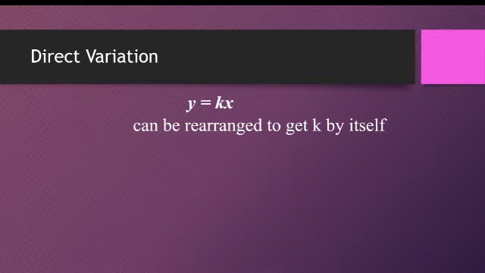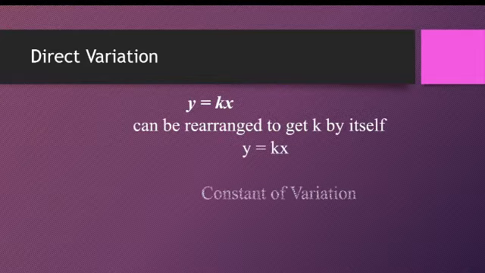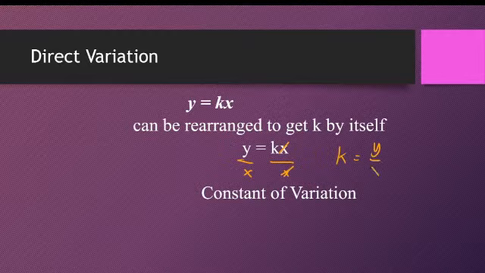So we have y is equal to kx, which can be arranged to get k by itself. To get the constant of variation, yung ginawa natin kanina, we divide both sides by x. So matatanggal na yung x dyan. So therefore, that is k equal to y over x. So meaning the formula for the constant of variation is given by k equal to y over x.